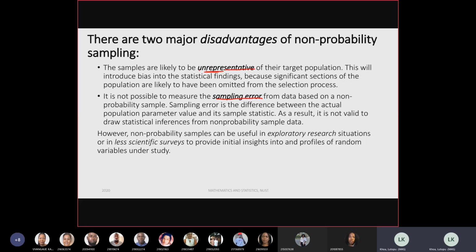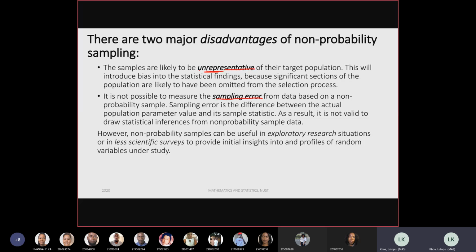Okay, so even though these sampling methods, the non-probability ones, do have disadvantages, the reason why we do them is because they're useful in getting an idea of what is happening in the population.